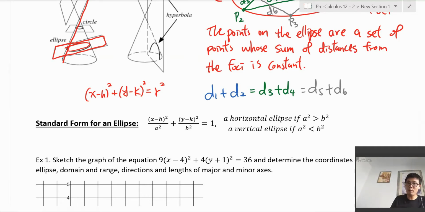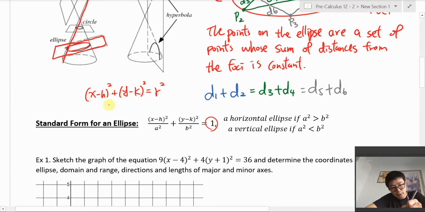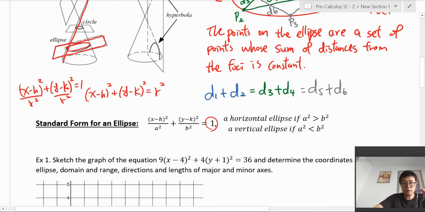So it's quite similar, except that now we are making it equal to 1. Really, if you just divide both sides by r squared, then you end up with (x minus h) squared over r squared plus (y minus k) squared over r squared equals 1. The only difference is that in an ellipse, a squared and b squared are not the same.